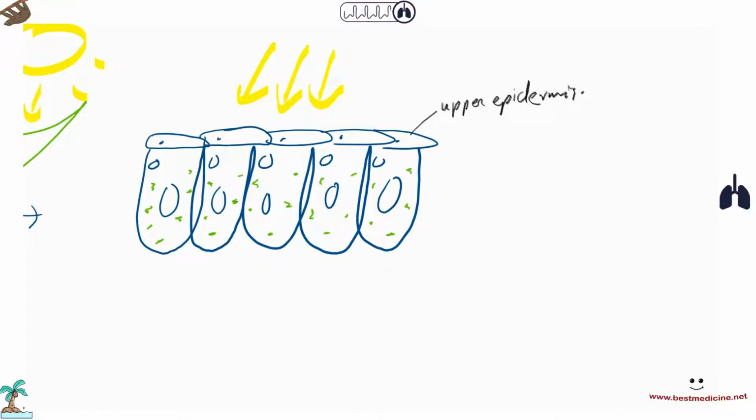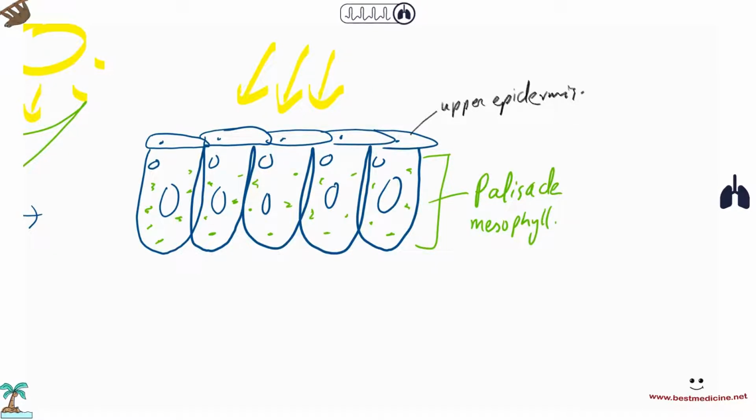This layer of cells is called the palisade mesophyll, which contains long columnar cells with lots of chloroplasts, called palisade cells. The palisade mesophyll is present right underneath the transparent upper epidermis, so all the sunlight that lands on top of the leaf goes directly into it.